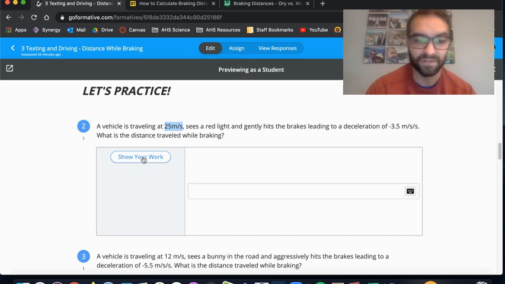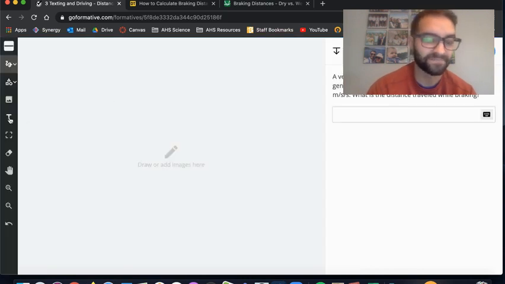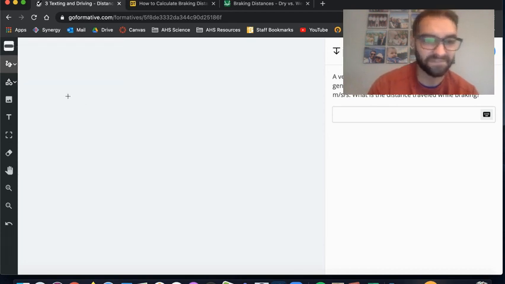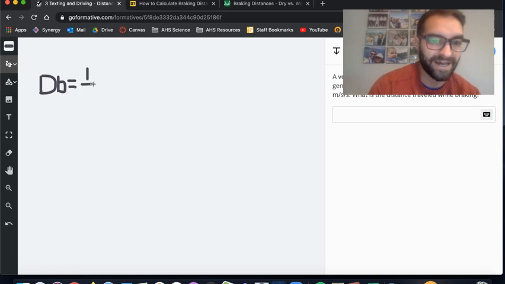So we're going to go ahead and plug this in. I'm going to use my cursor just because we don't have some of the symbols that we need. So dB equals 1/2.